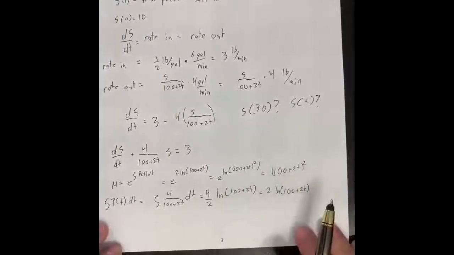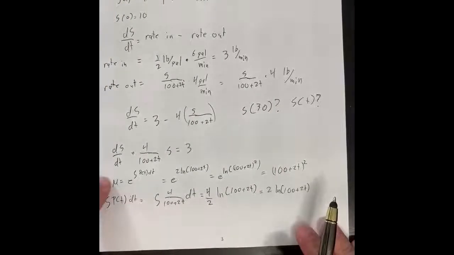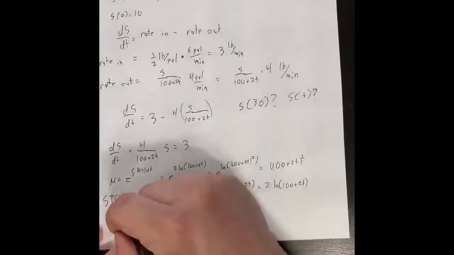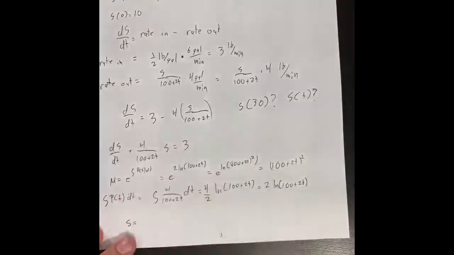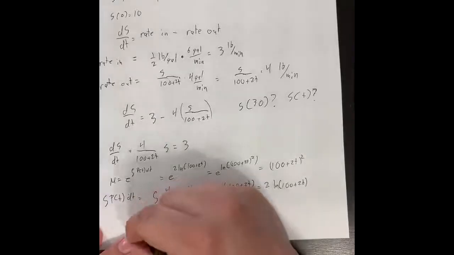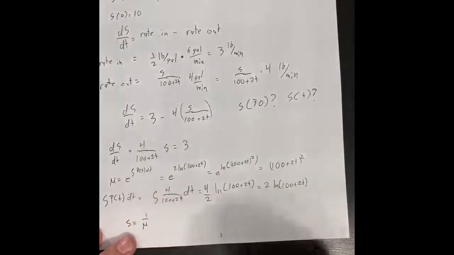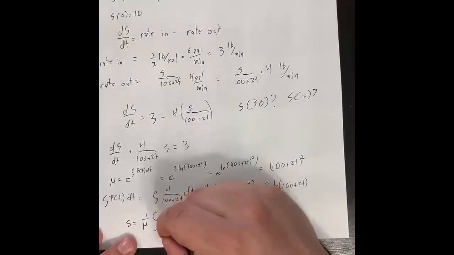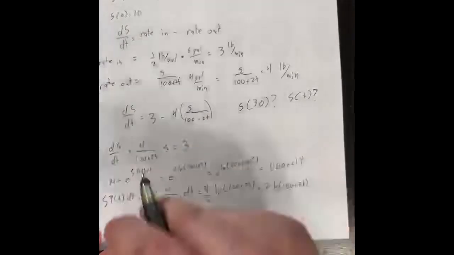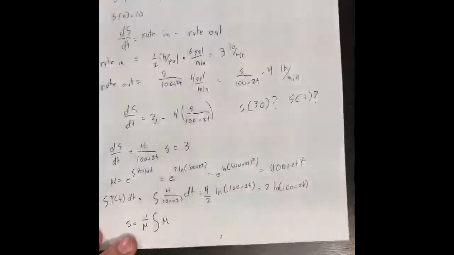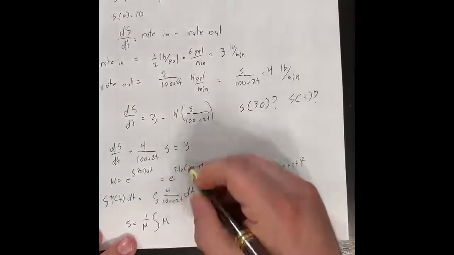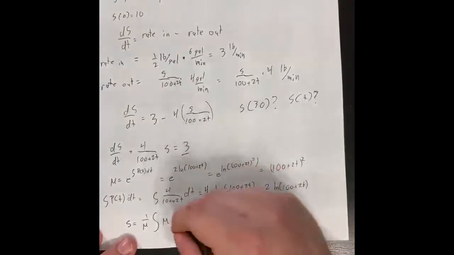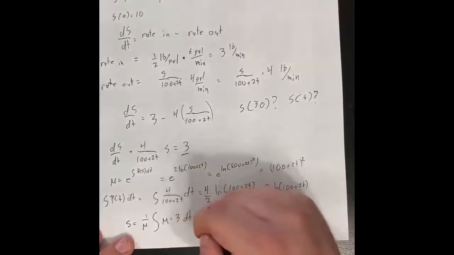All right, so now that we know mu, our solution is, just immediately going to that formula, 1 over mu times the antiderivative of mu times our function on the right-hand side, which is 3.